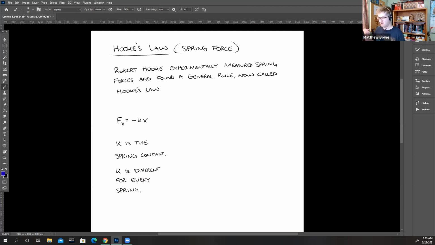So if a company is trying to manufacture springs, they have to do a whole set and test a couple to make sure the spring constant isn't wildly different from what they say it should be for their product.